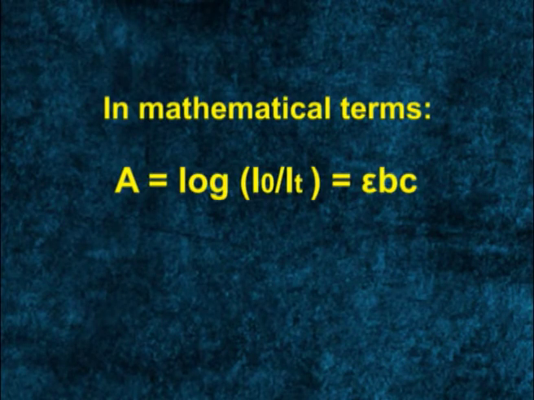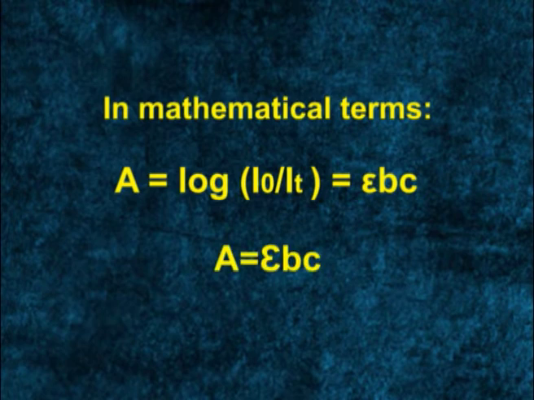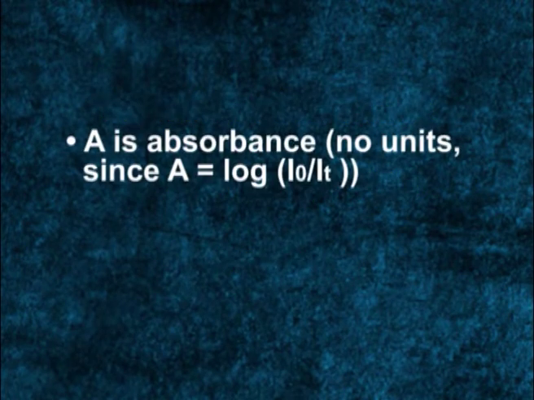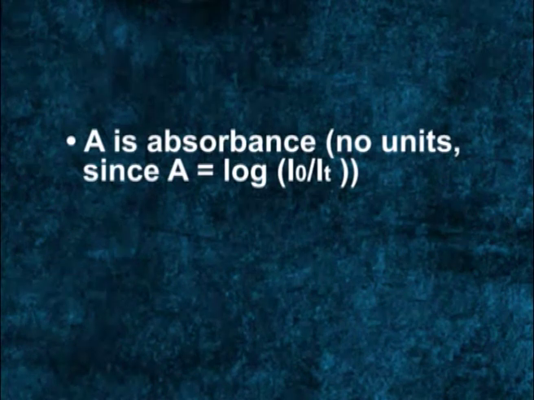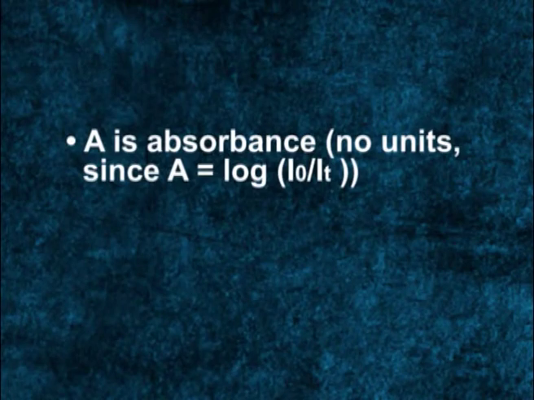In mathematical terms, A is equal to log I0 by IT is equal to epsilon BC, or it is also said as A is equal to epsilon BC, where A is absorbance. It has no unit since A is equal to log I0 by IT and ratio has no units.